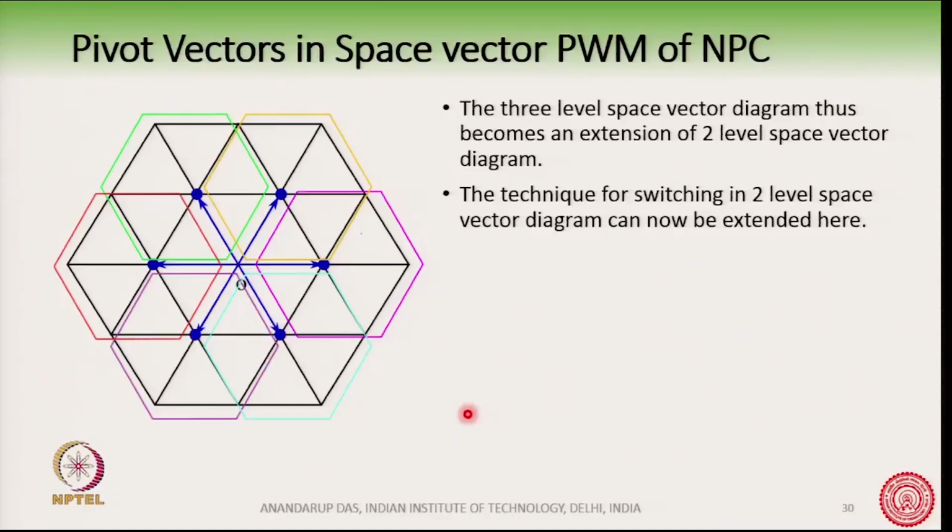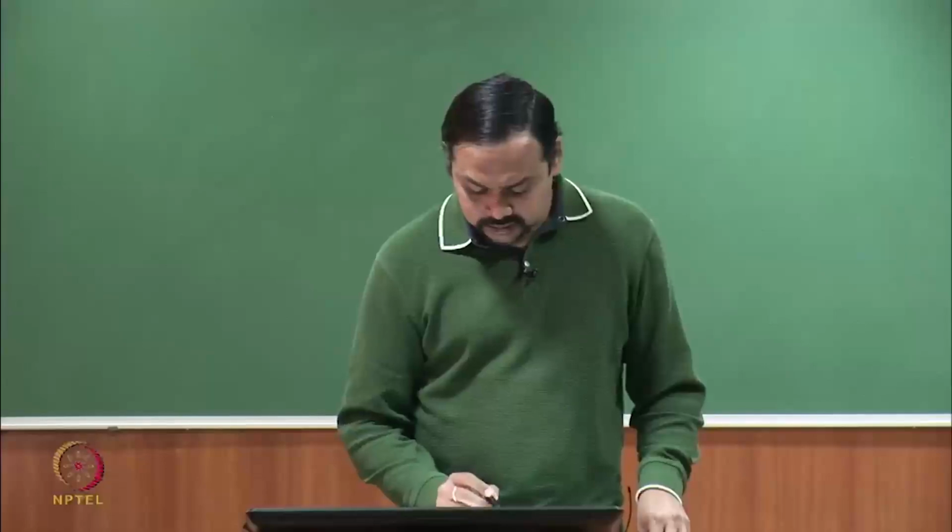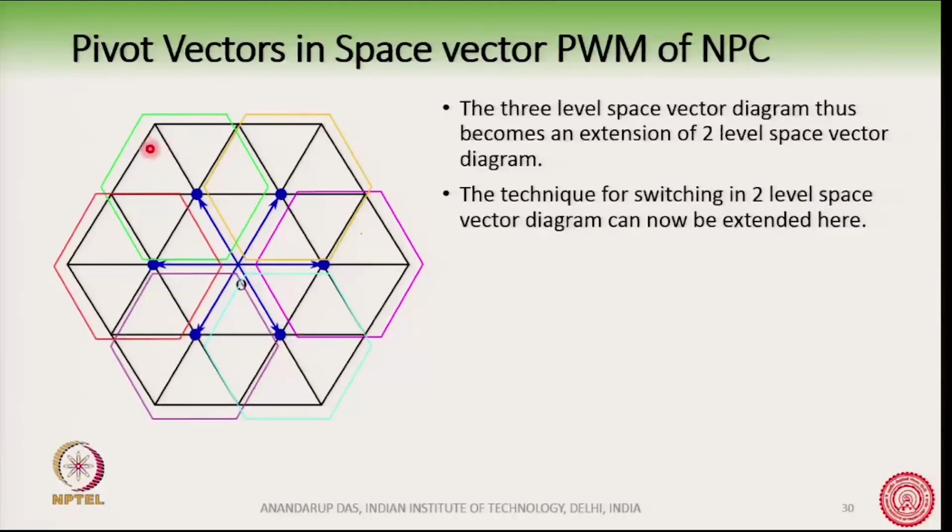So, with the pivot vectors as the center points of these hexagons, I can split the 3 level space vector diagram into 6 smaller 2 level space vector diagrams.